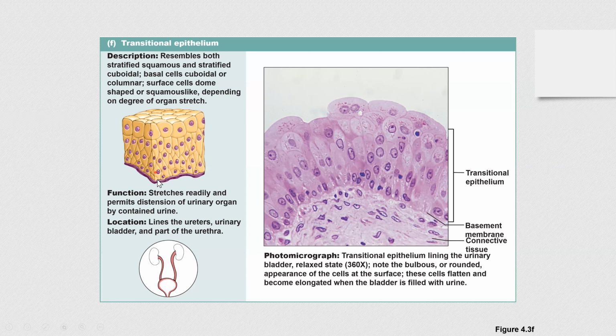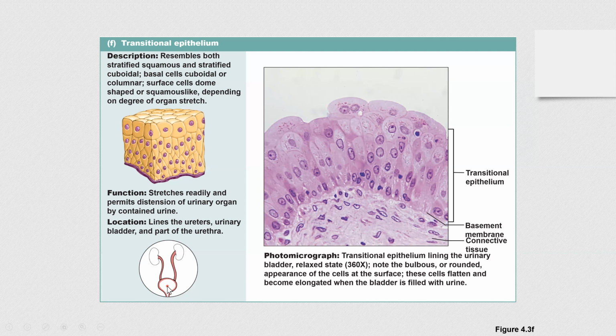So, the function. Let's look at location first. It lines the ureters, the urinary bladder, and a part of the male urethra. What you need for these organs is the ability to stretch, because when your urinary bladder is empty, those upper cells will look cuboidal.